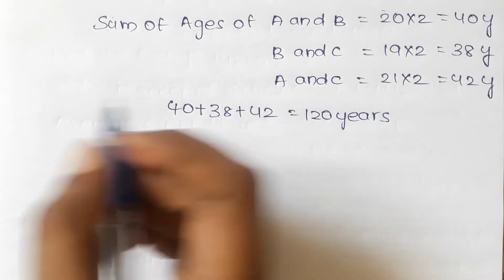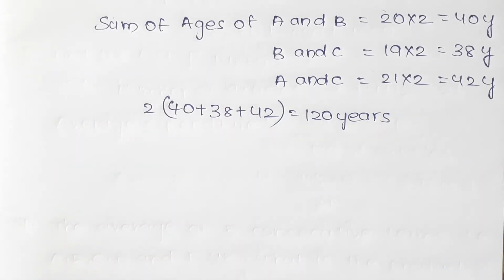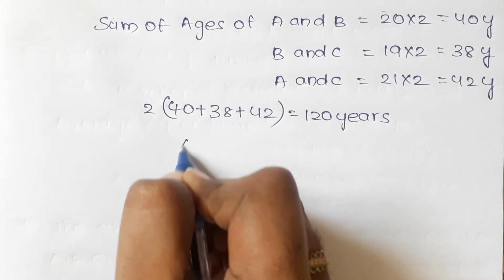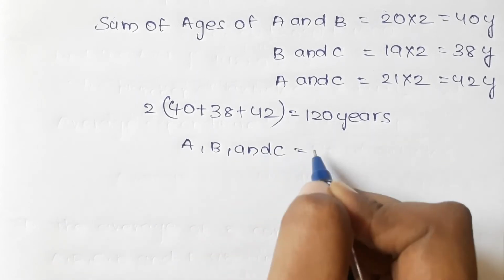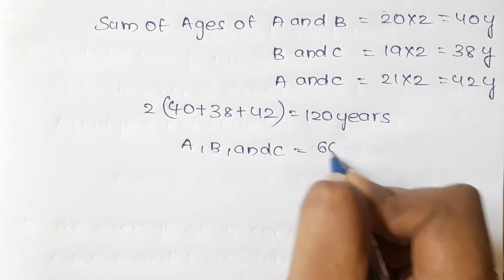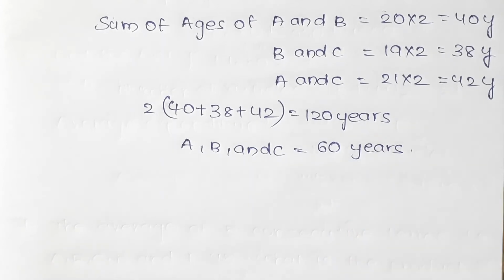And here we should divide by 2. Finally, the sum of the ages of A, B and C is 120 by 2, which is nothing but 60 years. We have found the sum of the ages of A, B and C, and now let us find the ages of A, B and C separately.